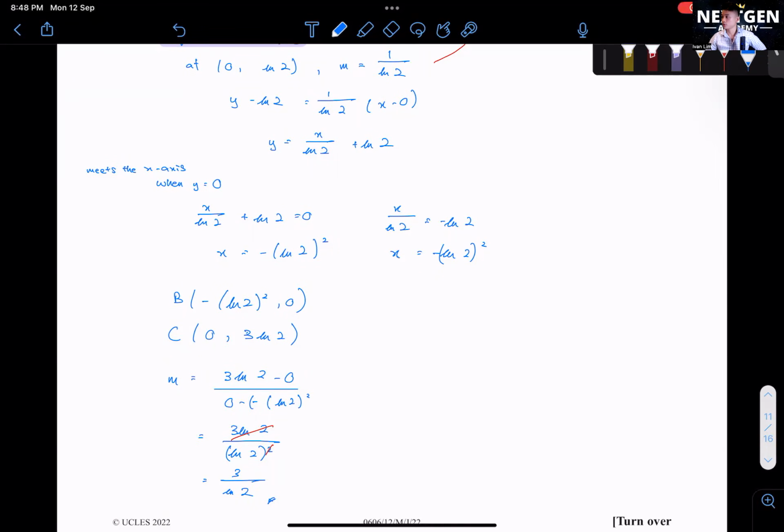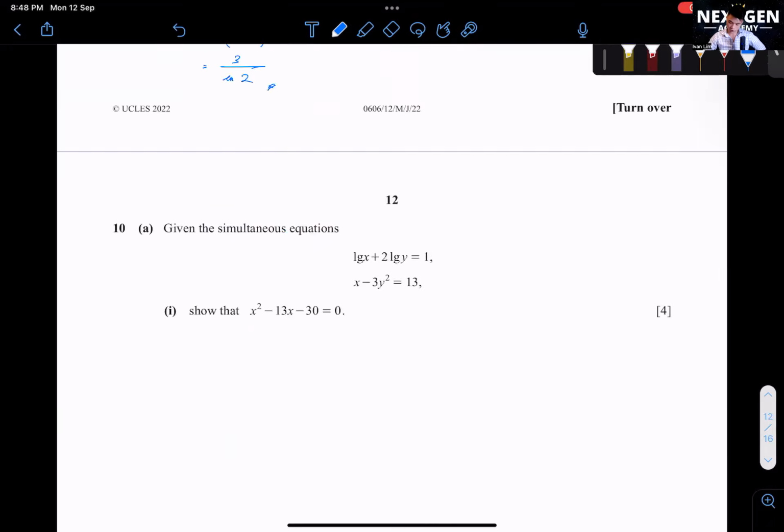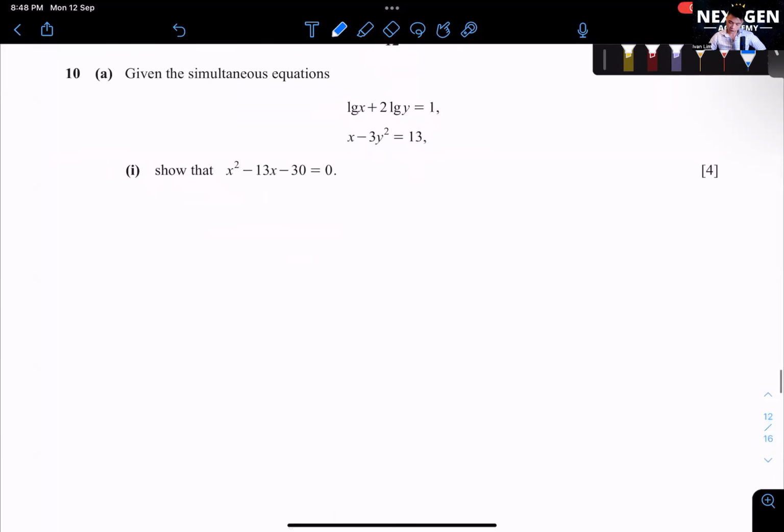Okay, let's finish up the entire paper. Got 2 more questions. Given the simultaneous equations log x plus log y squared equals 1, x minus 3y squared equals 13, show that x squared minus 13x minus 30 equals 0.